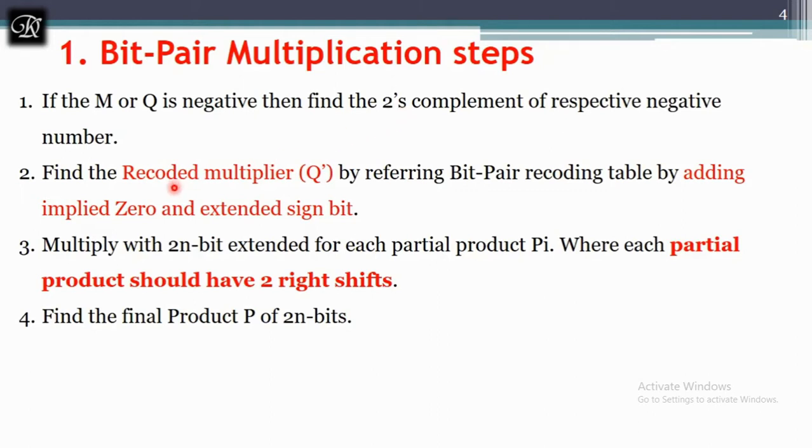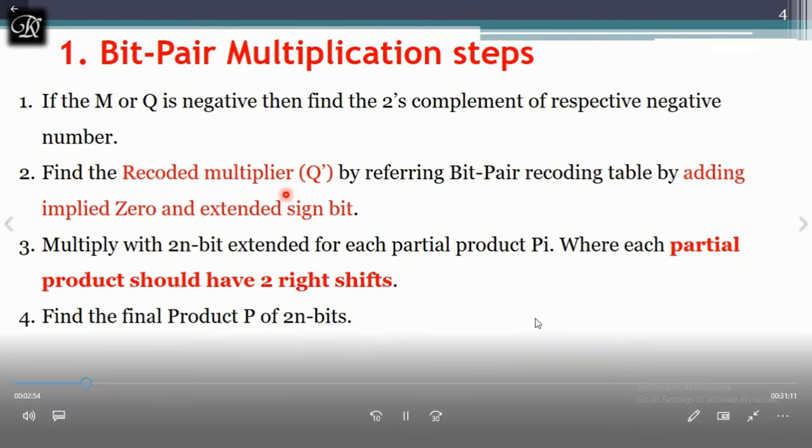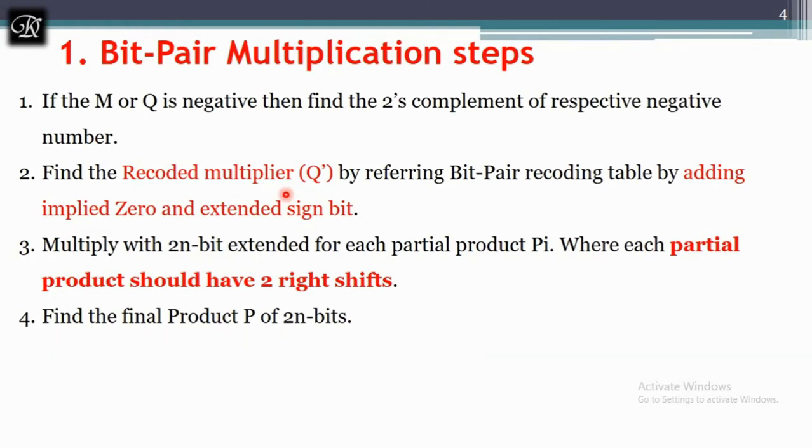Then find the recoded multiplier as in Booth, but here there is a different truth table you have to refer to. It is not the Booth truth table, it's a different one where we will be considering a group of 3 bits. In the previous case we considered pairs of 2 bits. That is one change in this algorithm.